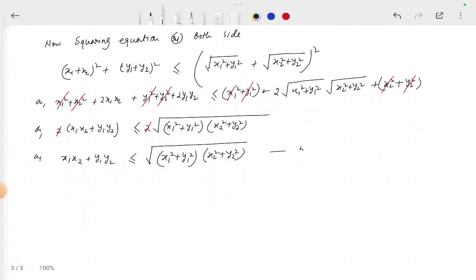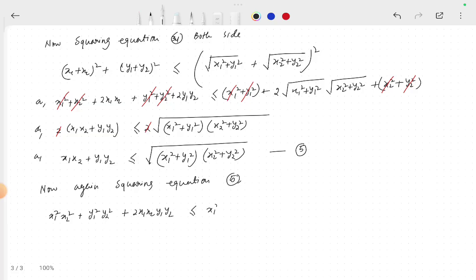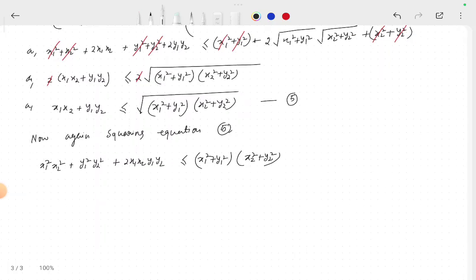Now again squaring equation number 5, what do we get? x1 square x2 square plus y1 square y2 square plus 2x1x2y1y2 is less than or equal to (x1 square plus y1 square) times (x2 square plus y2 square).